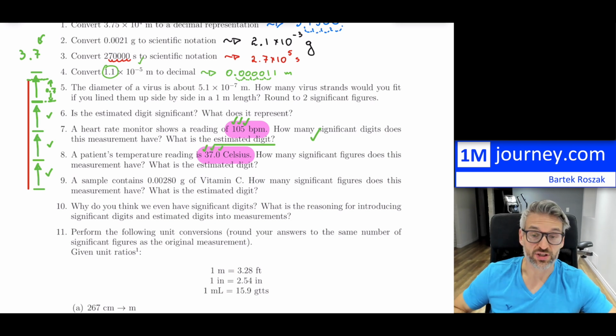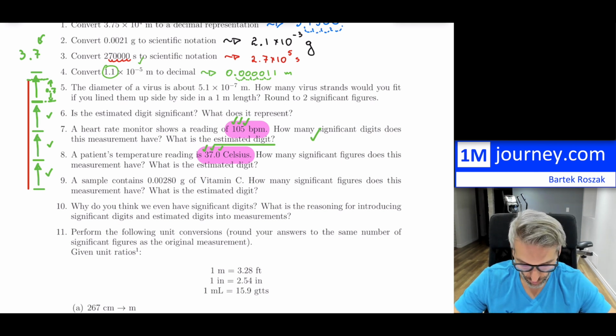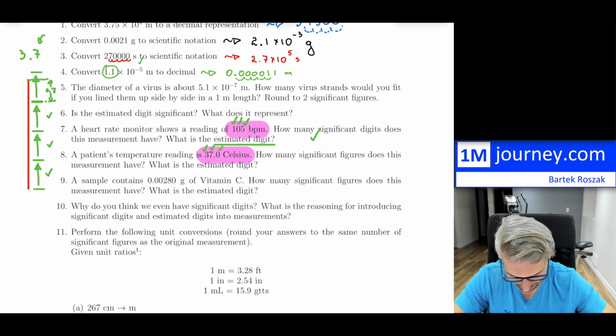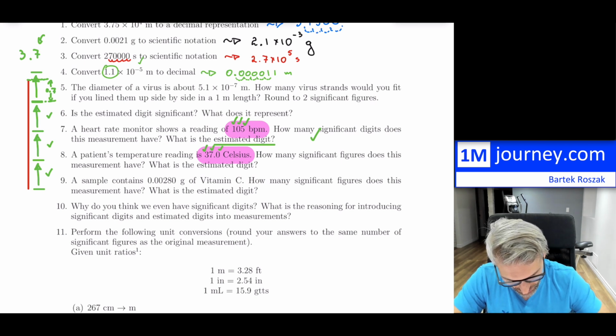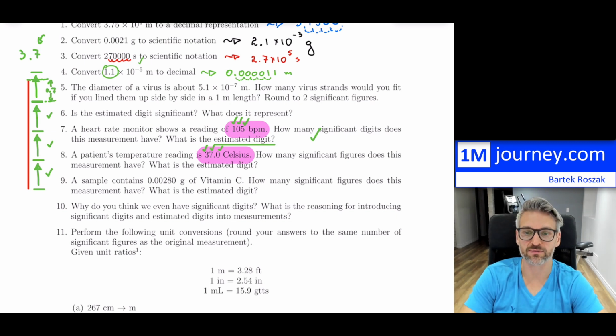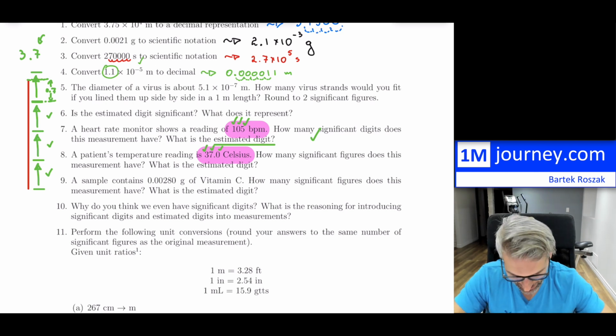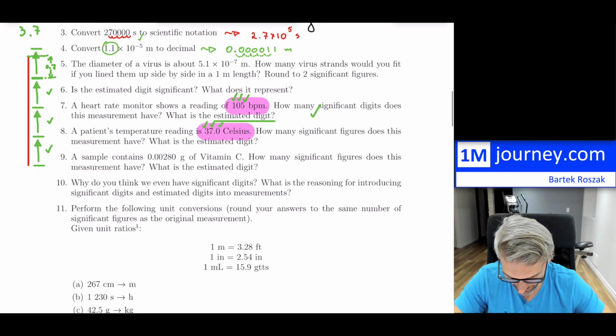And again, for significant digits and counting, you can go back to that link that I pointed out earlier in the video, when this was first introduced, within question 5 or question 6 when I was taking that up. All right, so this has 3 significant figures, or 3 sig figs, and the estimated digit is actually the 0, right? So it's the last one, because we have the decimal, then that 0 will count. So that would be the estimated digit.